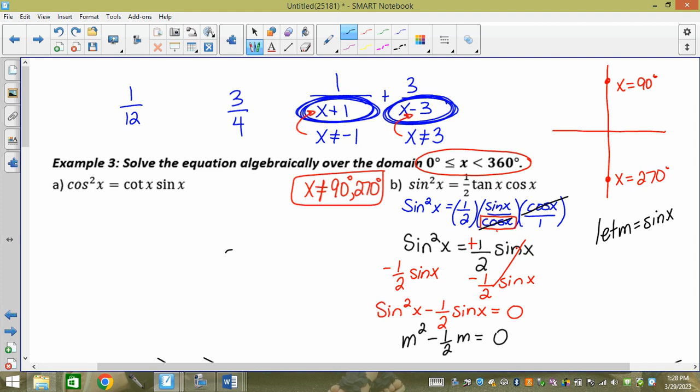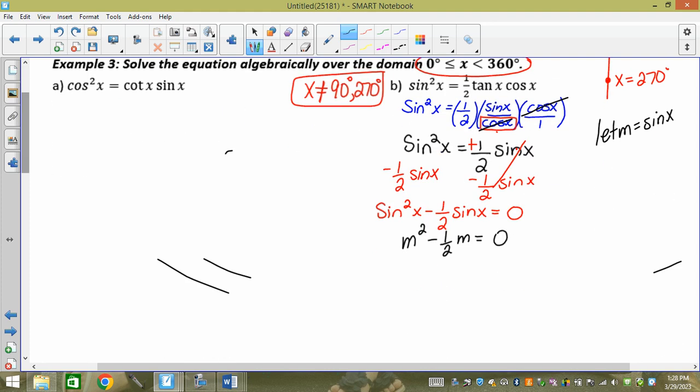And a lot of people get stuck here. Remember, 99.9% of the time when you're solving, if you're stuck, it is what? A GCF. What can I take out? An m. That's it. I can take an m out, right? Don't let that half overwhelm you. Just take out an m.